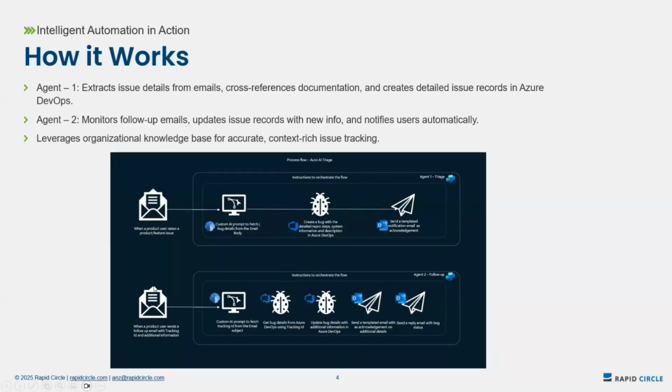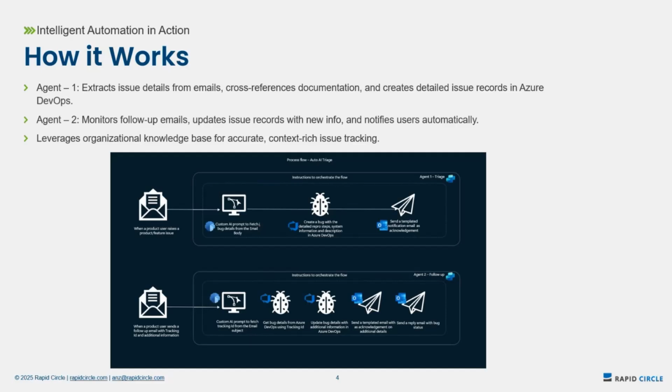So if you look at the second agent here, this is where it steps in. It picks up the tracking ID from the subject line, fetches the corresponding issue from DevOps, updates it with new information if it needs to, and then decides to send out the confirmation email as well. It can also include the current issue status in the reply.